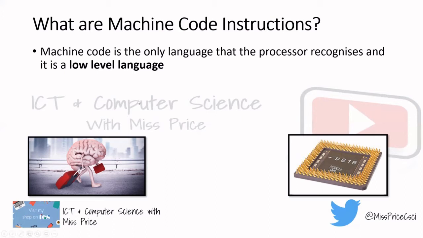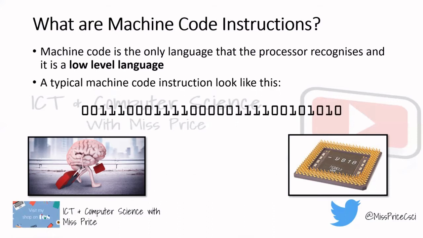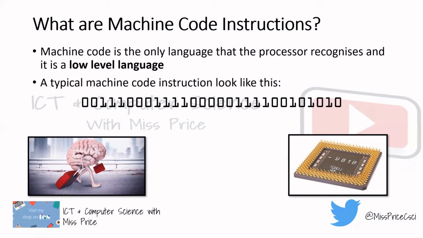So you've got the brain of the computer, which is the processor. To put it in simple terms, a whole bunch of ones and zeros goes through it, and that creates something more complex that you will understand. The typical machine code will look like this: just a whole bunch of ones and zeros that all go through that processor.